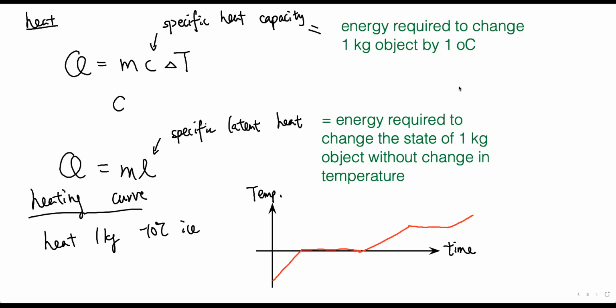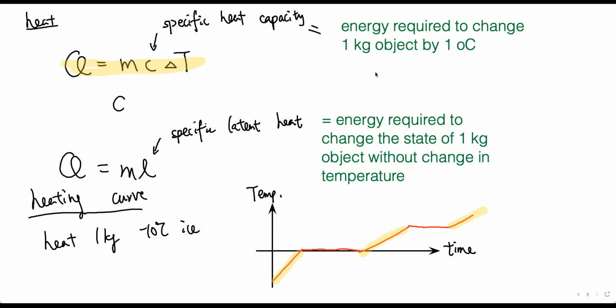Now, why did I draw this graph? Because I want to remind you when you should use the formula mc del T or mL. The formula mc del T is for the part when the object changes its temperature. So that means it's only for the part when the object remains in the same state, solid, liquid, or gas.